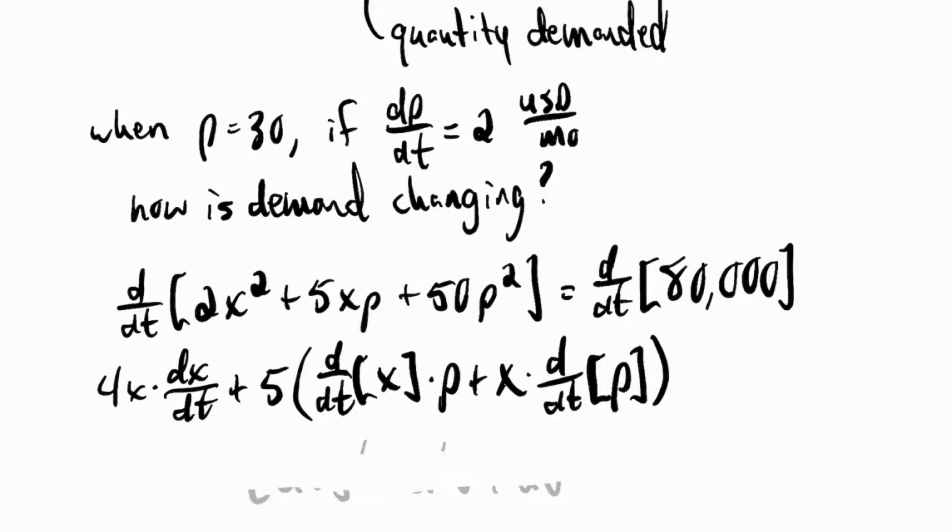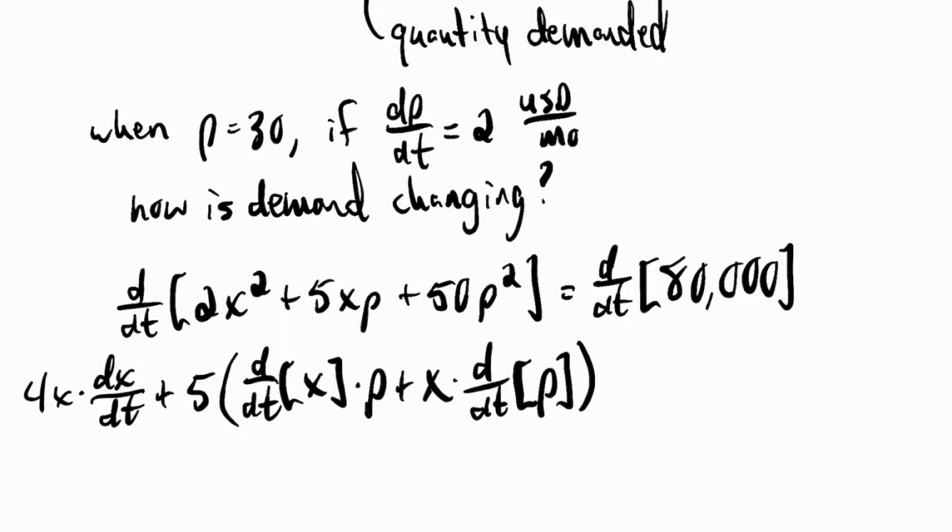I'm running out of room here, so I'm going to move this over a bit. Plus, I need to apply the power rule to this term: 100p times dp/dt. And this all equals 0, because of course the derivative of 80,000 is 0.